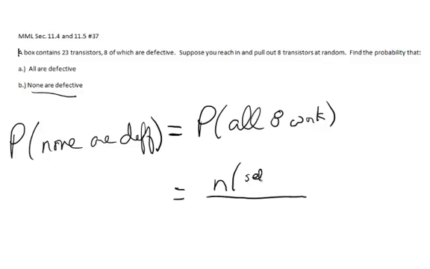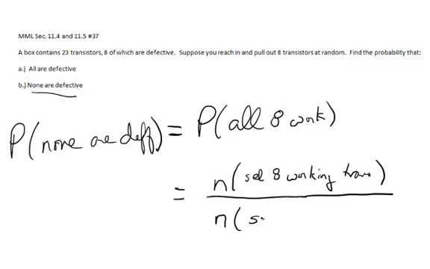That's the number of ways that you can select 8 working transistors, all over the number of ways that you can select just 8 transistors, your sample space. Well, the denominator of this problem hasn't changed. We still have a combination. We still have 23 objects we're choosing from, and we're still choosing 8. The original scenario hasn't changed.